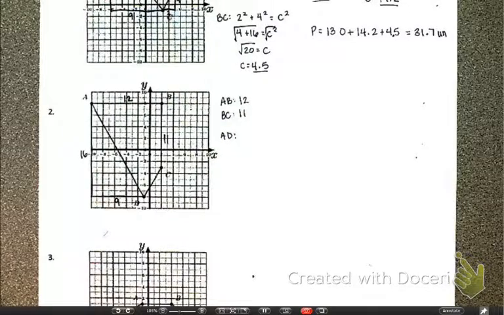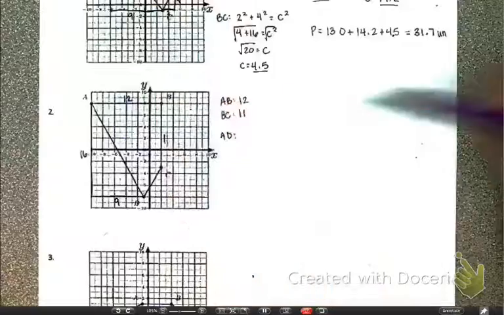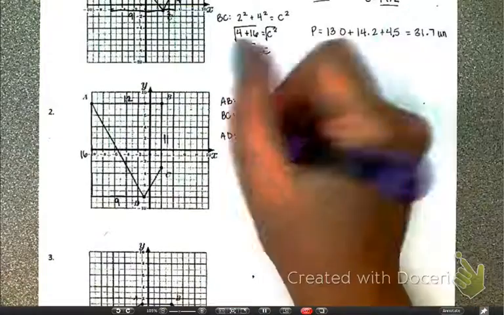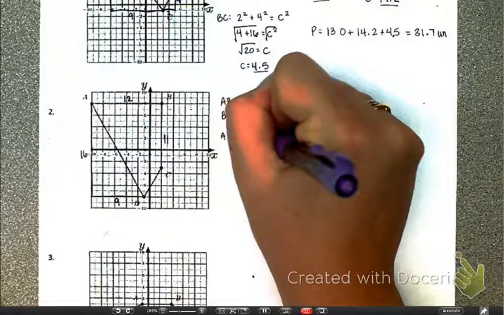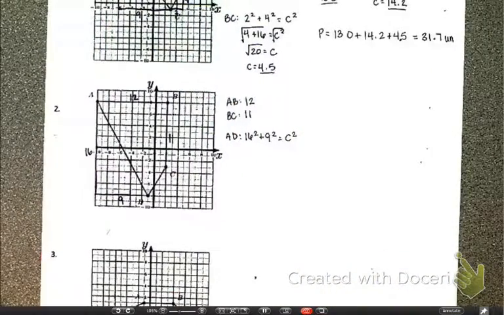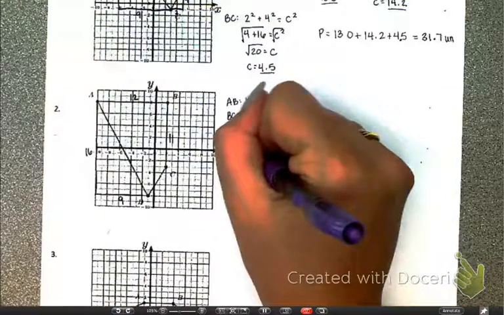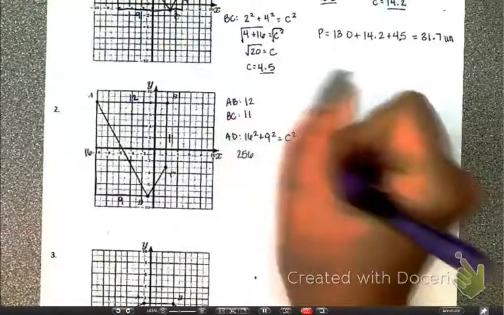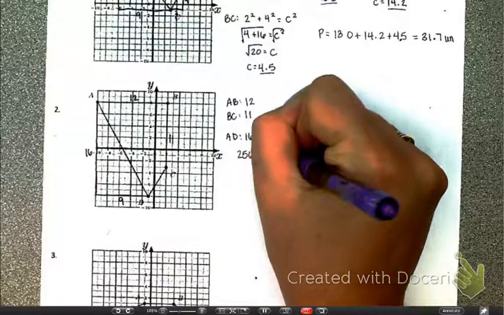What did you get when you counted? 16 and 9. Okay, so 16 squared plus 9 squared equals C squared. And what's 16 squared? 256. 9 squared is 81.